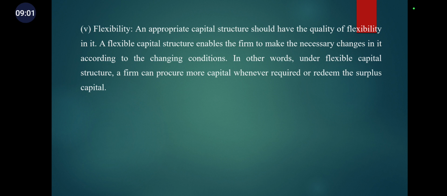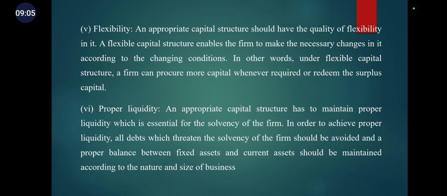That flexibility it has. And the sixth one is proper liquidity. The company's optimum capital structure always has to ensure that there is proper liquidity in your company. If there is no liquidity, if there are no future cash inflows, you can't repay the debt.